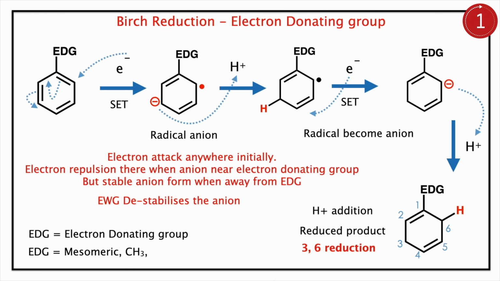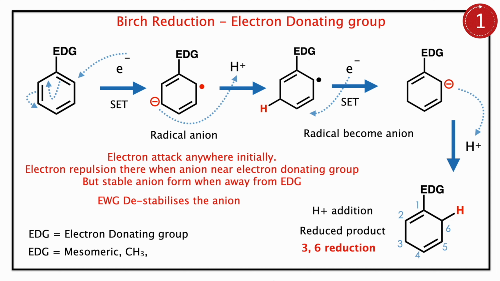Now we are seeing the opposite case, electron donating group. Suppose you have an electron donating group in the benzene, what will happen to the mechanism? The electron added by lithium metal forms a radical anion. Since it is an electron donating group, it will destabilize the anion. So the anion will form away from the electron donating group. So radical anion forms at 1,4 position but away from the electron donating group.